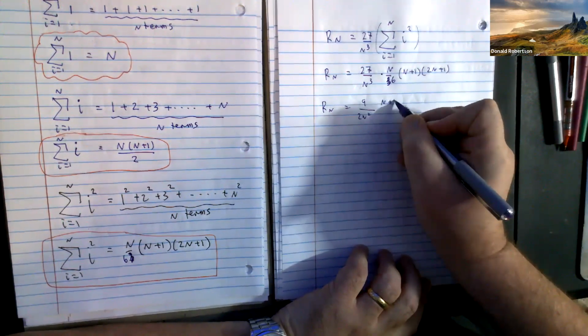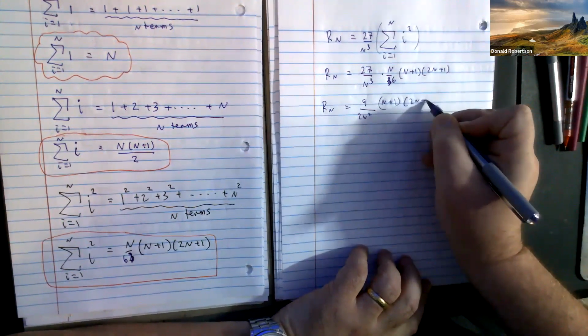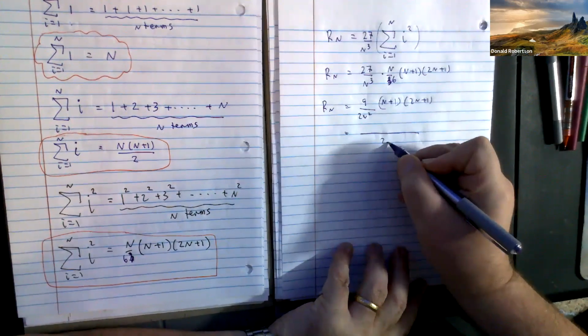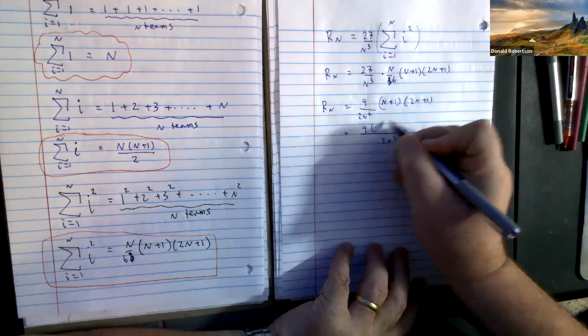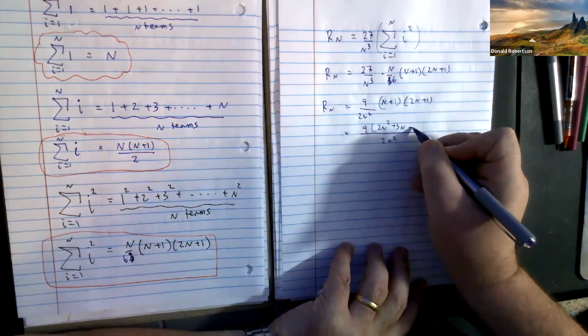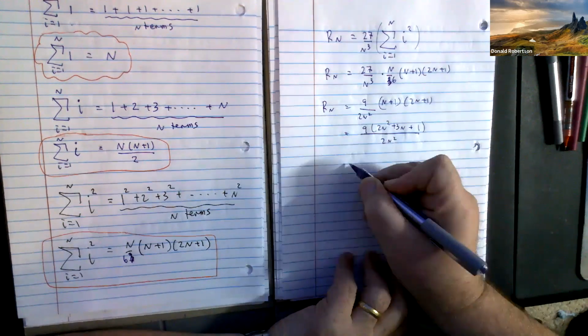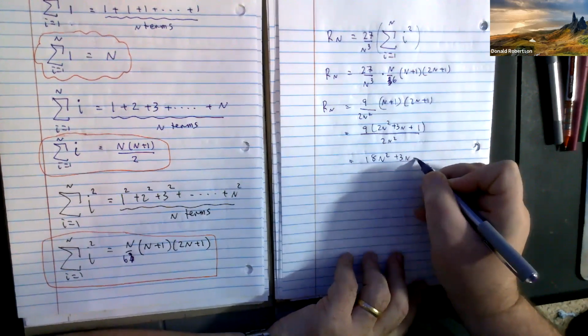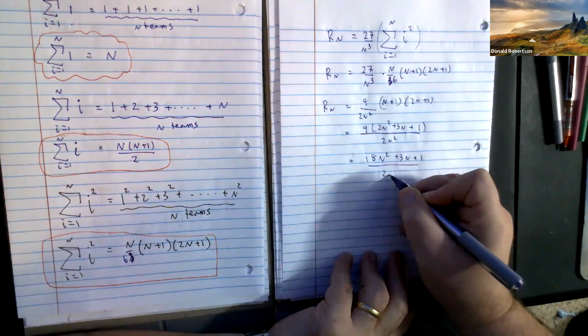And I get that guy. I'll FOIL this out and get 2n squared plus 3n plus 1. I'll get 18n squared plus 3n plus 1 over 2n squared.